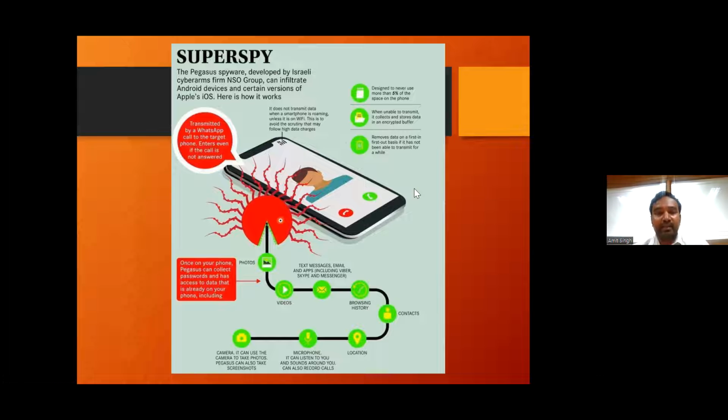So coming to this example, it is very clear that even if you are a very tech-savvy person, and you have taken every measure to implement every security measure on your phone, even though, because of vulnerabilities in software like WhatsApp and others like Facebook and Instagram that you use, the hacker can come into your phone and take all the data.